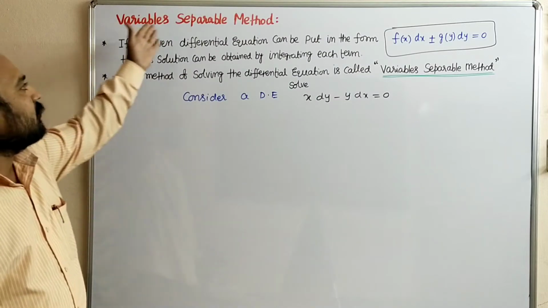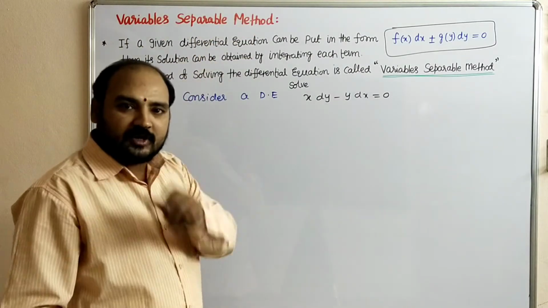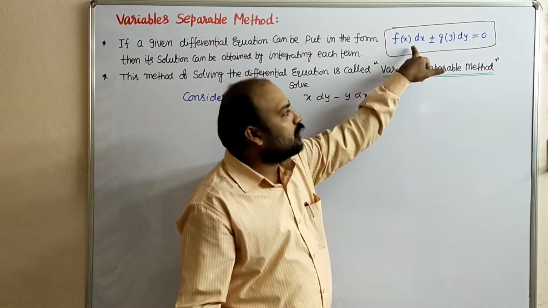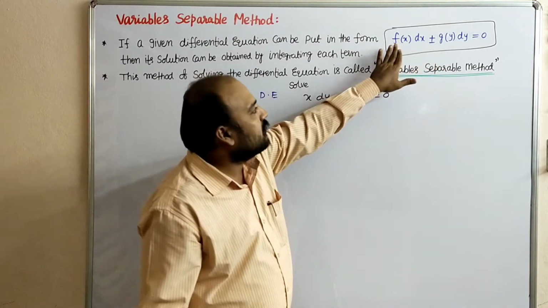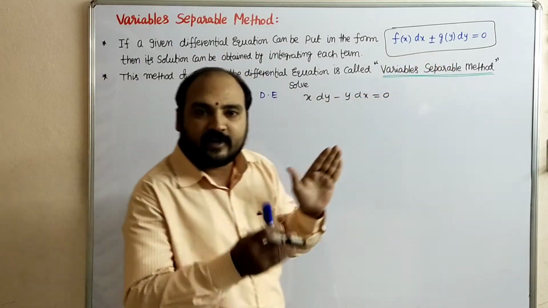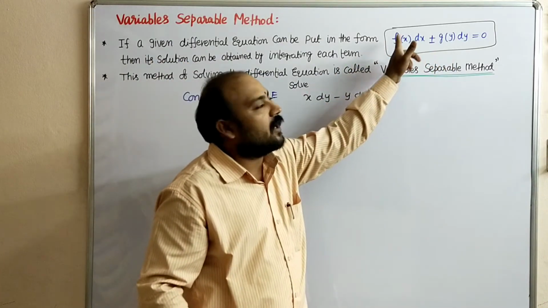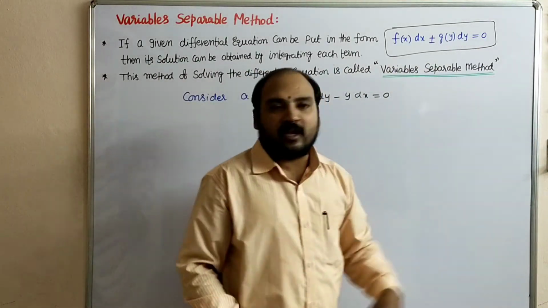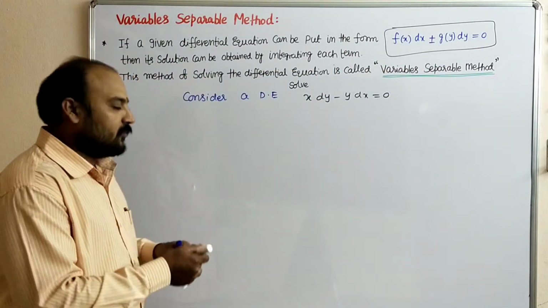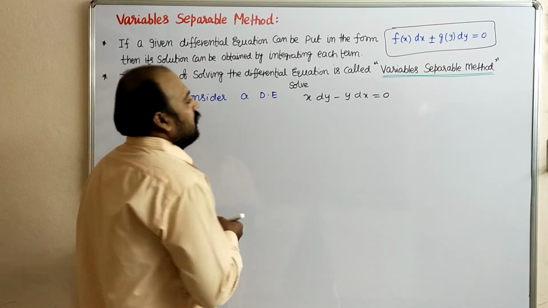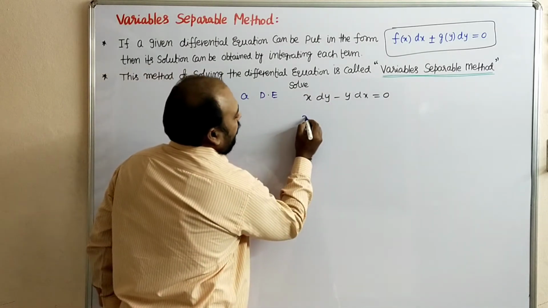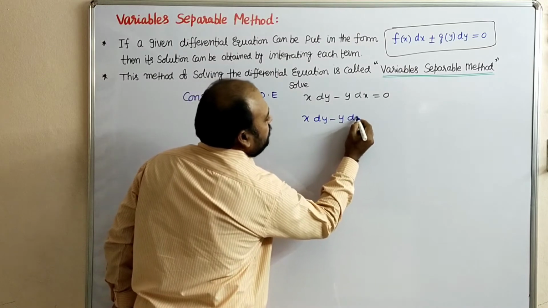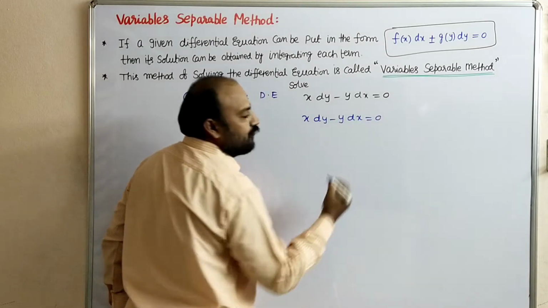According to the variable separable method, first you have to put the given differential equation in this form. That means f(x) dx, the x terms and dx, the y terms and dy, we can separate them. See here, x into dy minus y into dx is equal to 0.